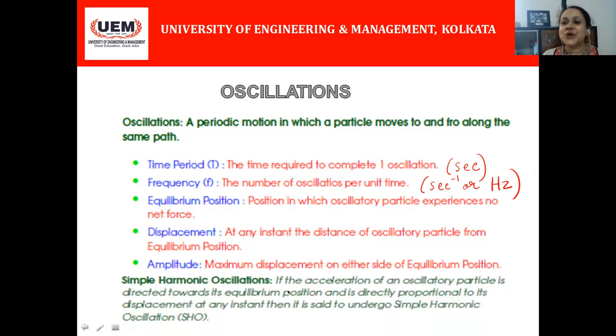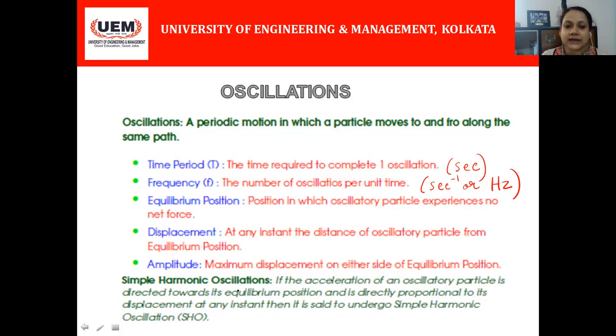Next, we would move into a very special kind of oscillatory motion, which is known as simple harmonic motion. So simple harmonic motion is a special kind of oscillatory motion. Why is it special? It's special because in simple harmonic motion, the force acting on the oscillatory particle is always directed towards the equilibrium position.